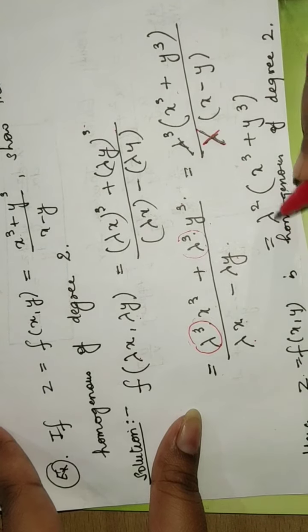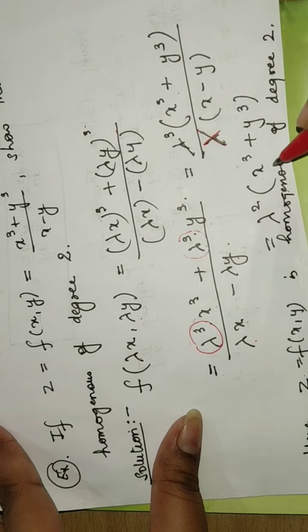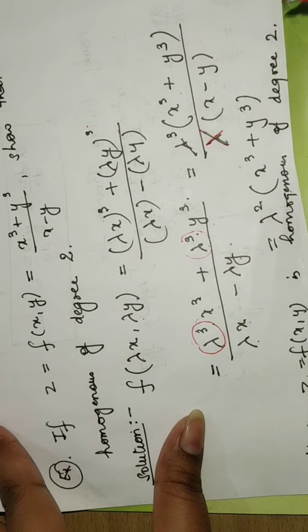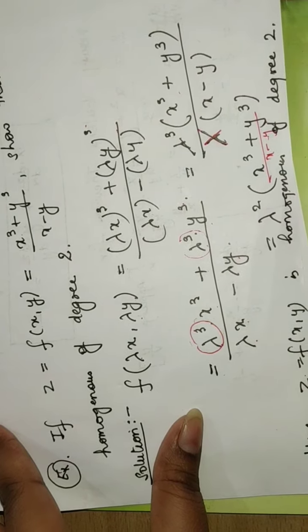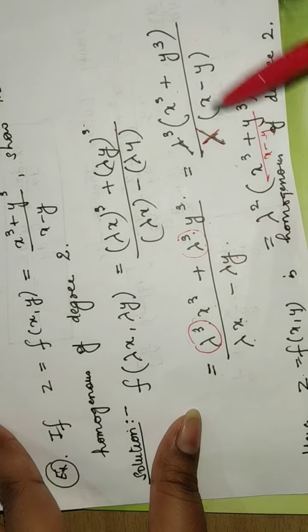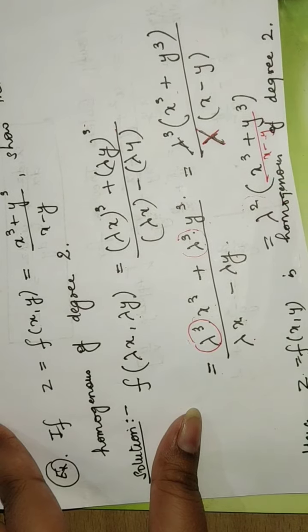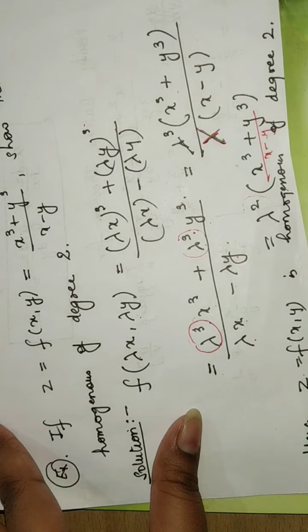That is equal to lambda square into x cube plus y cube by x minus y. Right? So hence, what is the degree of the function? This is 2. So z is equal to f of x, y is a homogeneous function of degree 2.